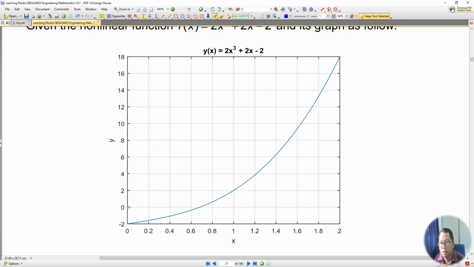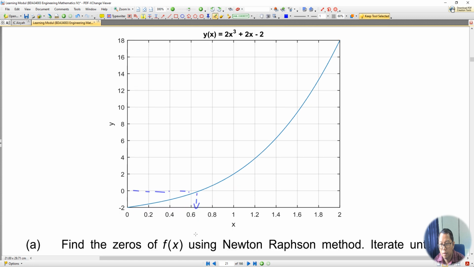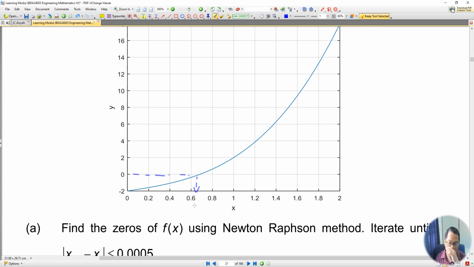We can clearly see that the root is maybe around 0.7, because it is between 0.6 and 0.8, so I put x_i equal to 0.7.